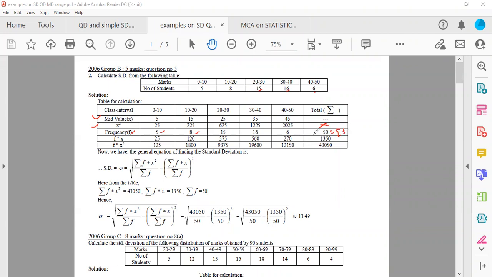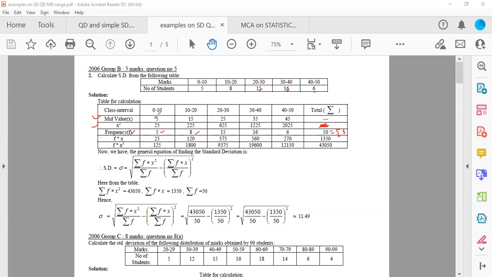Remember, summation x square is not required, so we don't use this table total. This is the x square row, but we need not find the sum of x square, so don't write it.